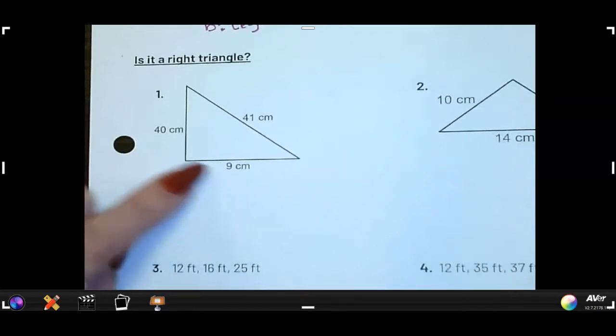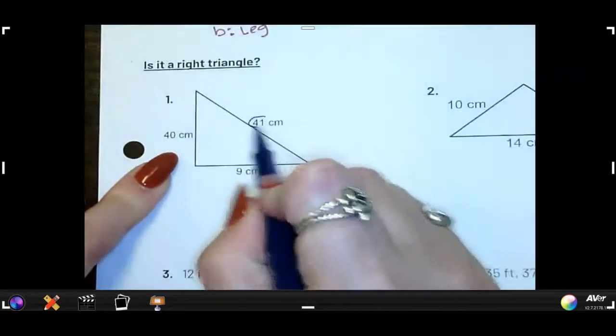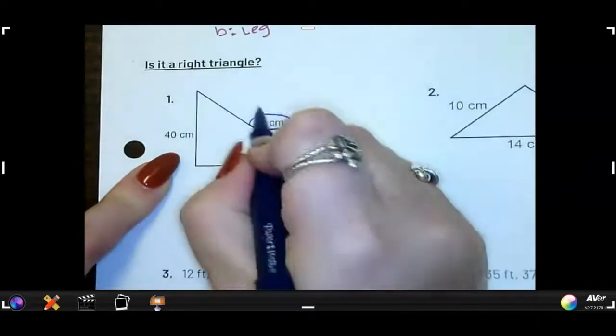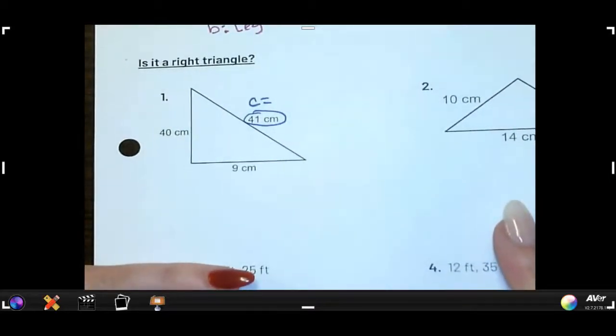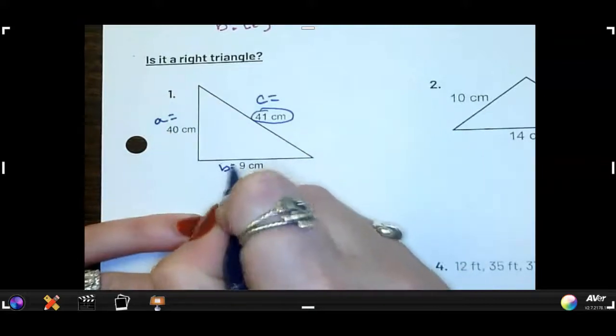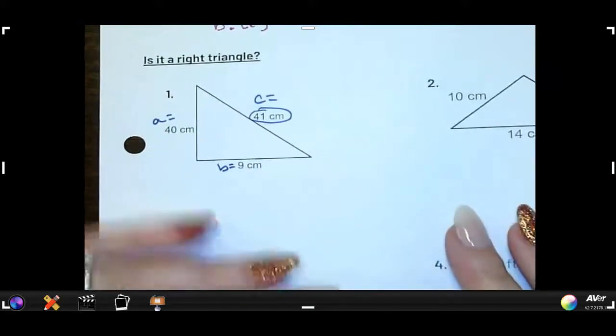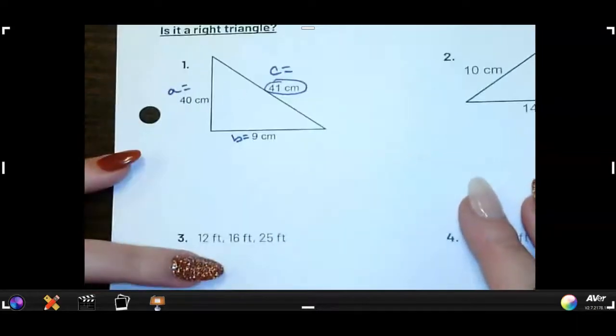But I can look at my sides, 9, 40, and 41, and I see 41 is the longest side, so that has to be C. That has to be my hypotenuse. Okay? And we'll use 40 as A and 9 as B. Or we could do A as 9 and B as 40. It does not matter. Okay?